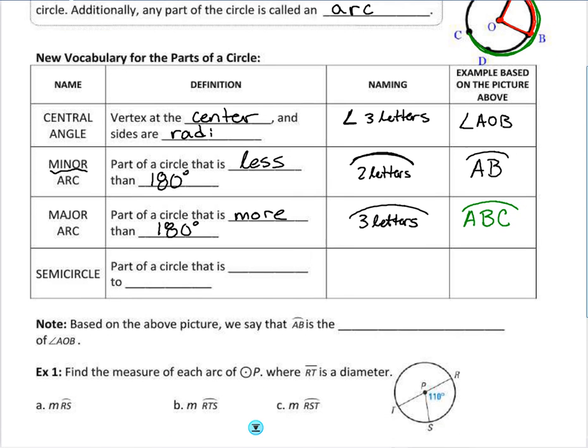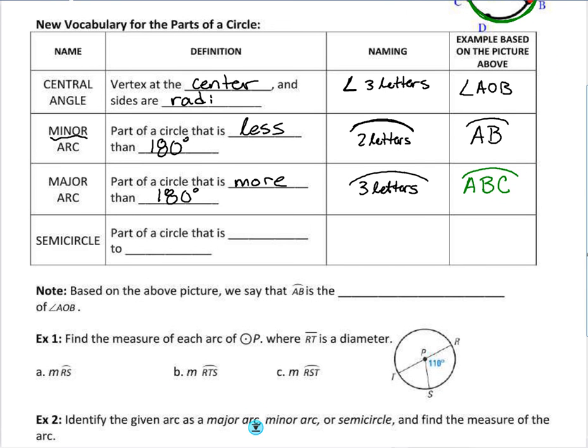Finally, we have a semicircle. And a semicircle, again, if a minor arc is less than 180 degrees, a major arc is more than 180 degrees, then a semicircle is a part of a circle that is equal to 180 degrees. Again, we'll use three letters to represent a semicircle.